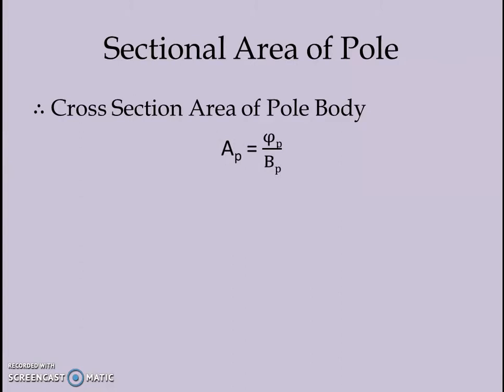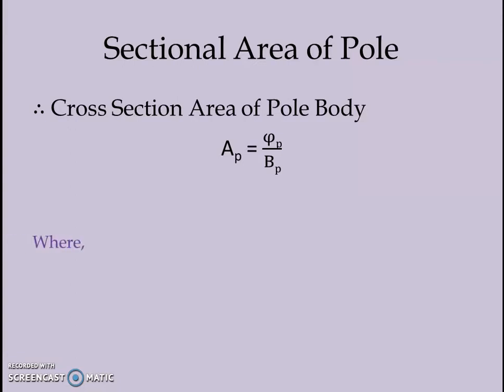So A_P, that is the cross-section area of the pole, area A and suffix P for pole, is equal to Φ_P, that is the total flux in the pole body, divided by capital B, that is used for flux density, and P is for pole. So the cross-sectional area of the pole body is Φ_P divided by B_P.